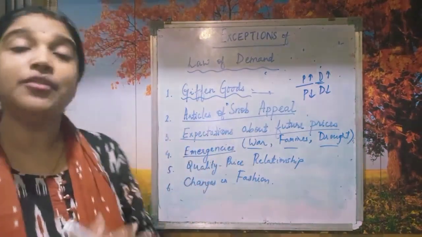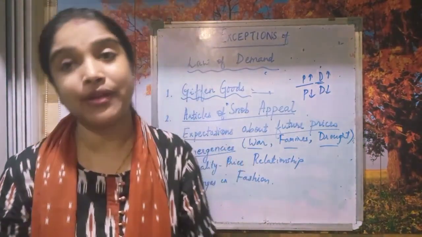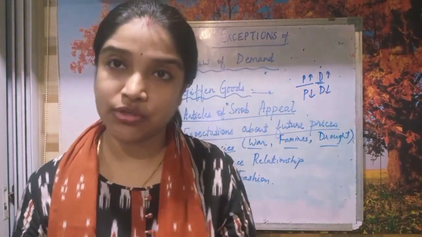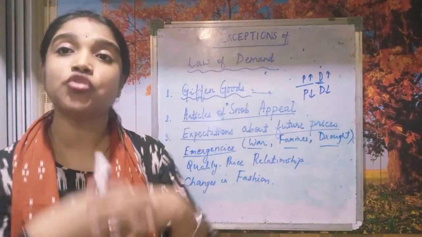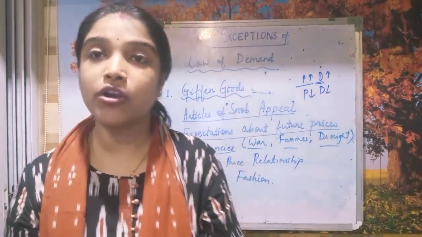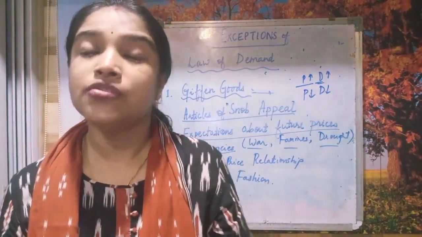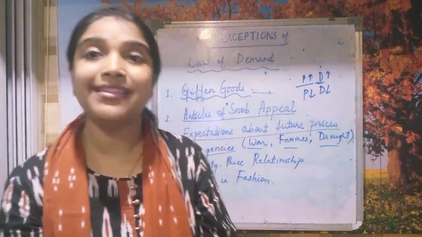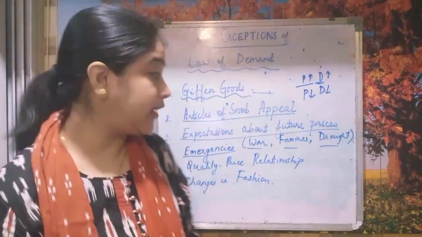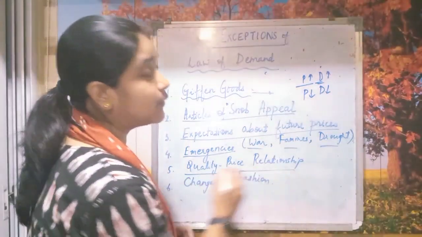For such kind of emergency situations, even if the prices are high, the demand for commodities will be high, because the consumers will be worried that there will be shortage of goods during the war time or during the famine time. So definitely they will stock up the goods and keep it at home, so that they are safe for their future.